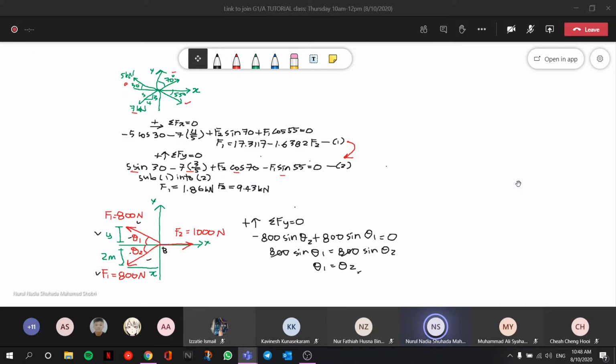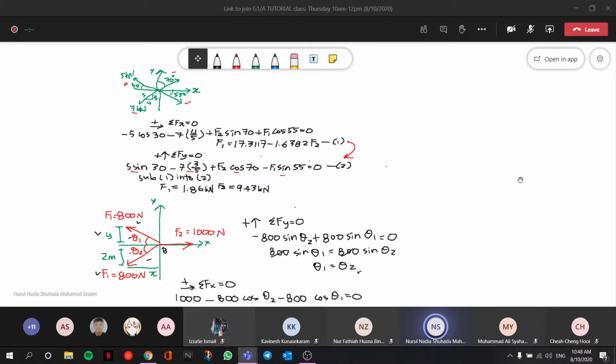And now we solve for the force in the x direction. 1000 is the force for F2, and then you minus 800 cos theta 2, minus 800 cos theta 1, equal to 0.